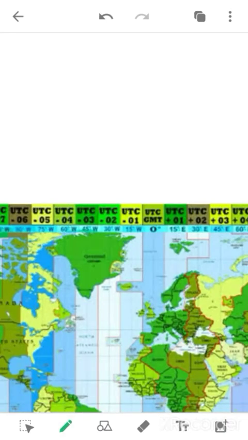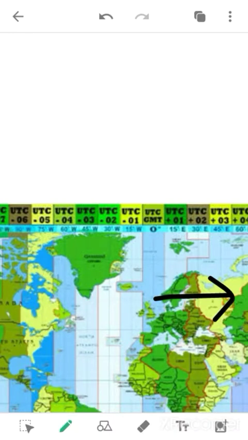And here we have noted that as we move towards the east of Greenwich meridian, every 15 degree section or time zone is ahead of Greenwich Mean Time.